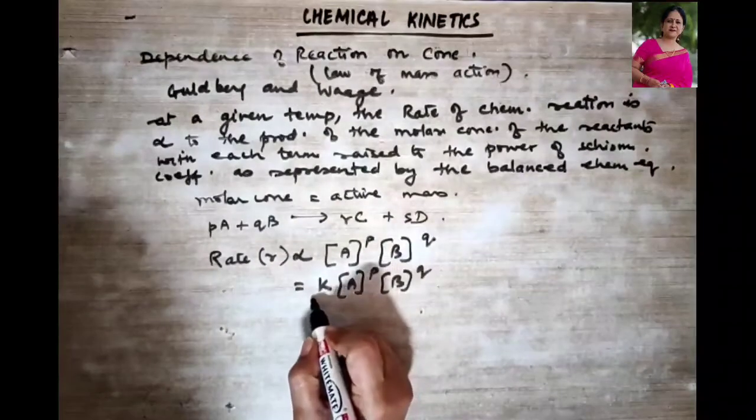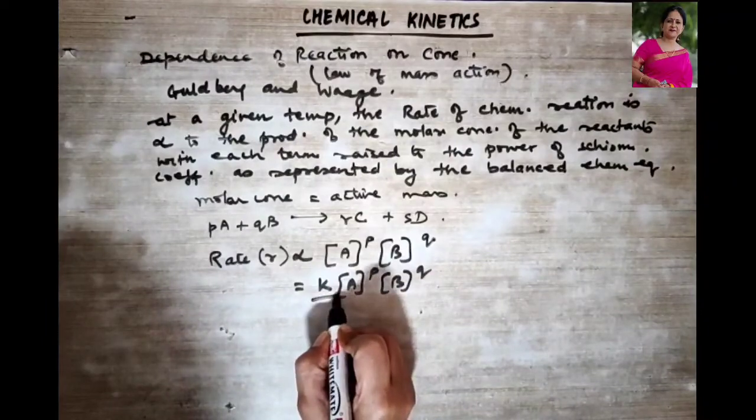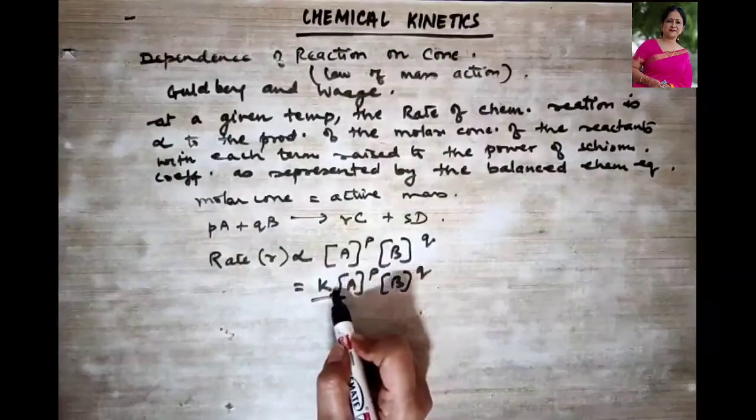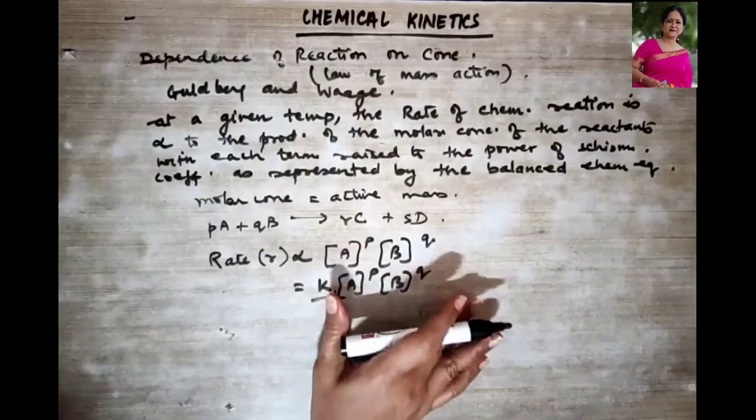So this is called your rate constant. It can also be called specific rate constant or velocity constant, right?